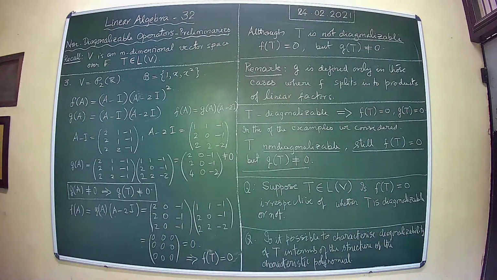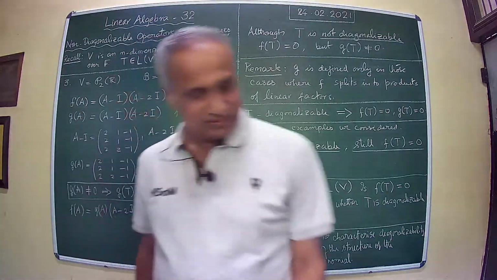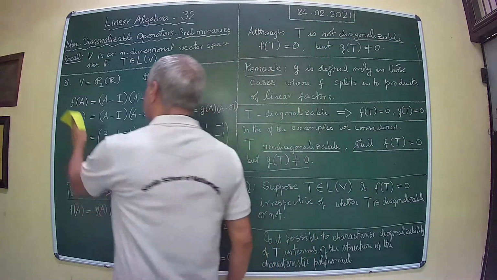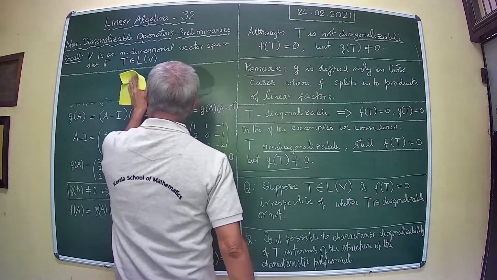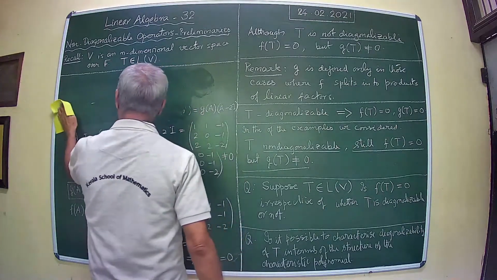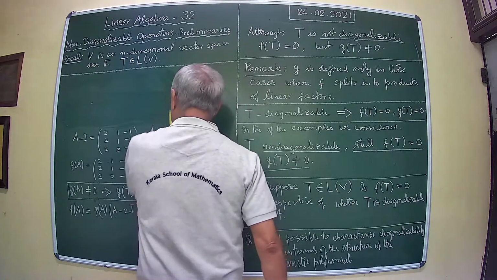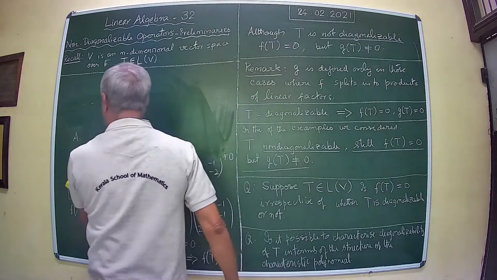So now we make some further remarks. What are these W_i's? In the case of diagonalizability, we have seen that we were computing W_i's, which are the eigenspaces. And eigenspaces are invariant.